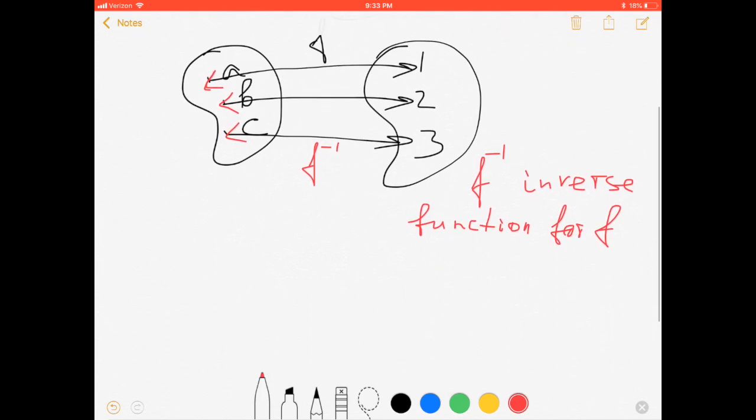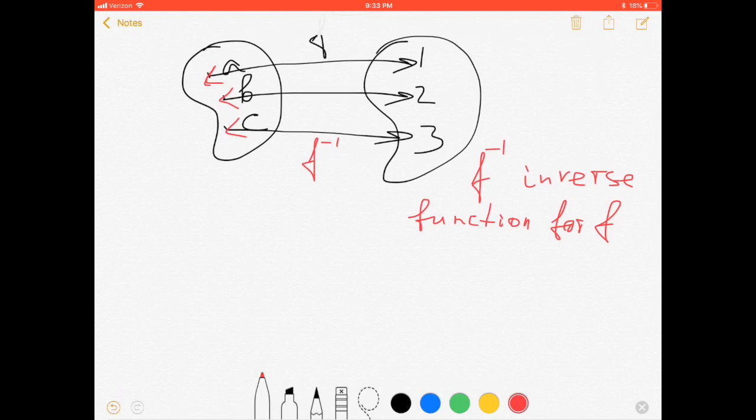Okay, great, but you know a function is not usually this kind of picture. It's good for understanding, but let's give a strong definition first.